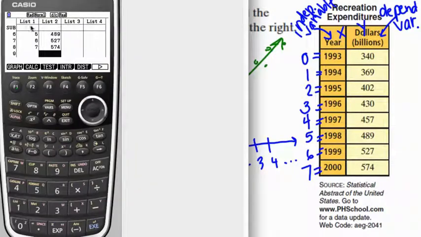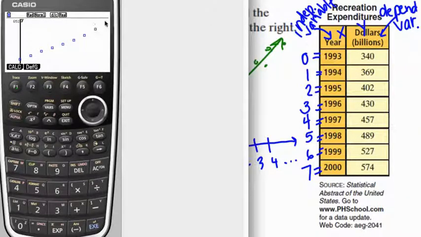So we'll hit graph, and then graph 1, and it will graph the data for you. So you can see all your data points. So as our independent variable, which is our X value, increases, our Y value is also getting larger.